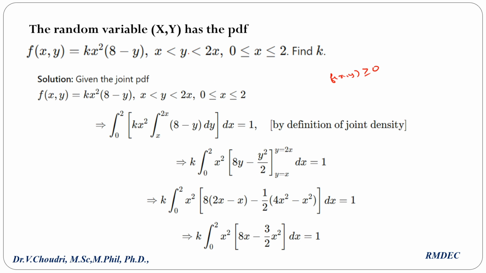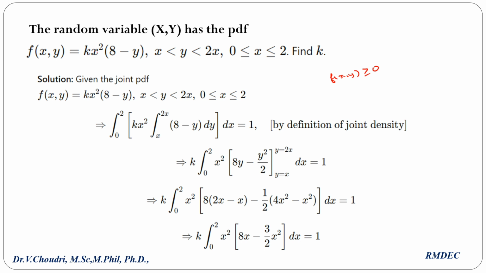In this interval, what are the x limits? 0 to 2. Substitute 0 here, and 2 here, so the highest upper limit is 4. So the x limits are 0 and 2. When we substitute the positive values here, we get f of x, y greater than or equal to 0.